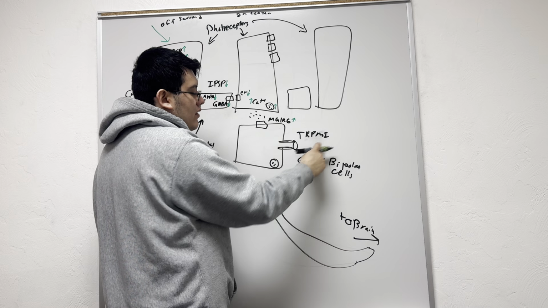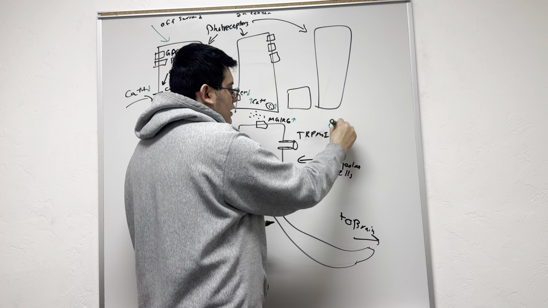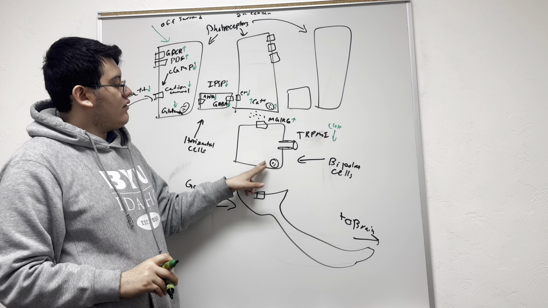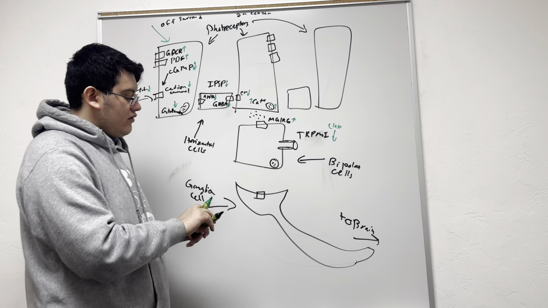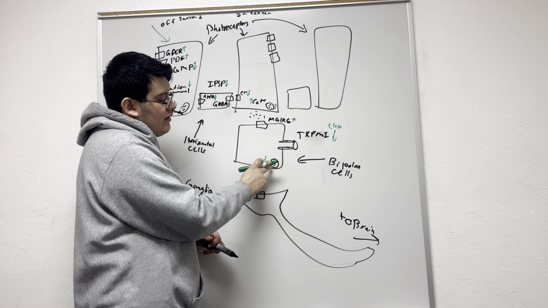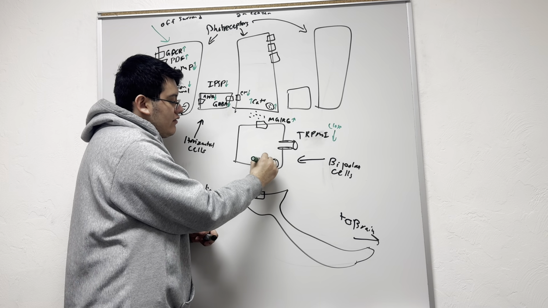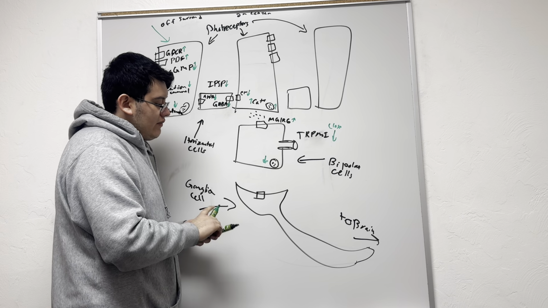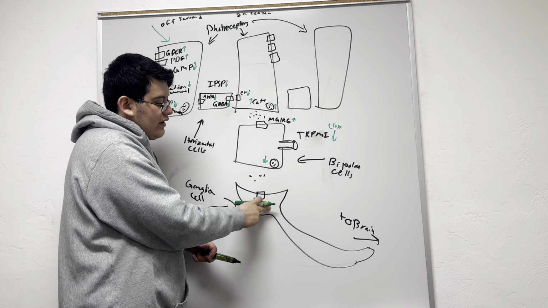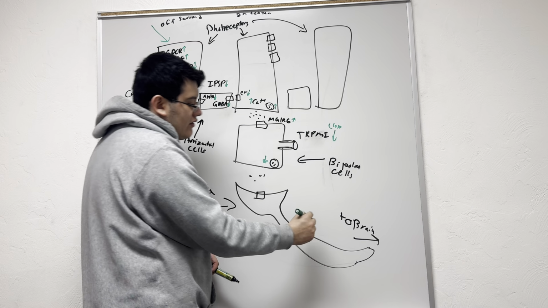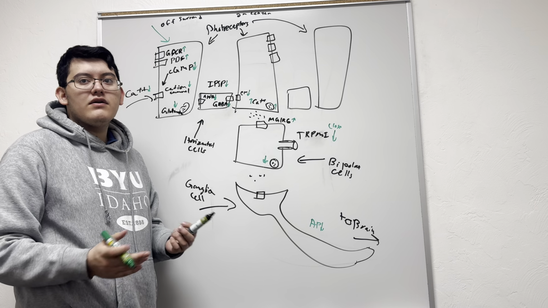So TRPM1 is going to close, and that causes less glutamate to be released here. As you can see, these little circles are vesicles containing glutamate. So with less glutamate here, there's going to be less coming in to the channel in the ganglion cell, which means the brain is going to receive less action potential, telling it it's dark.